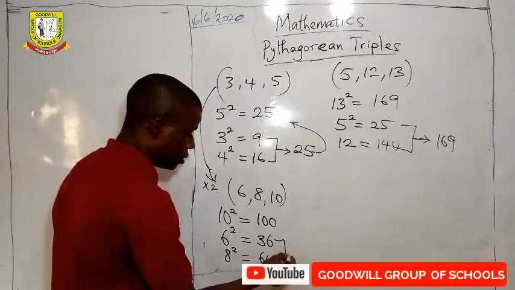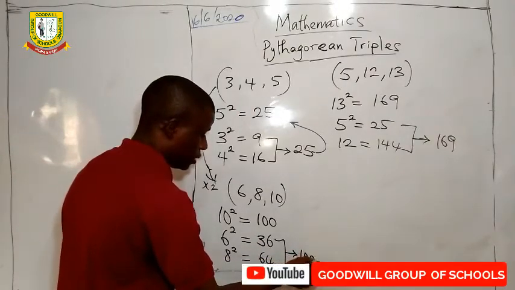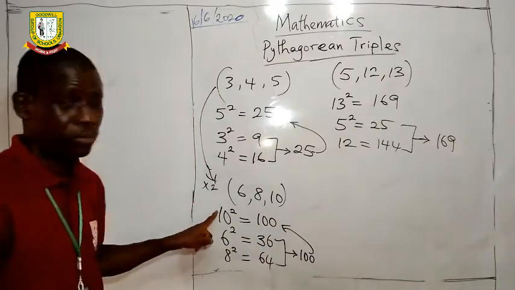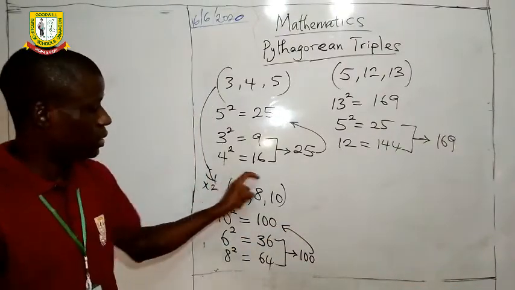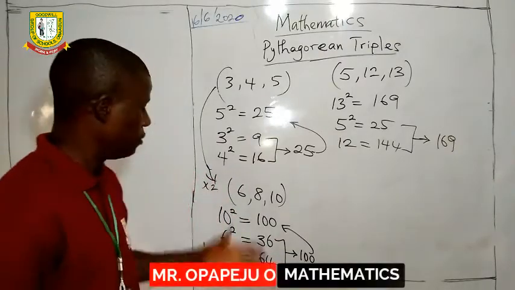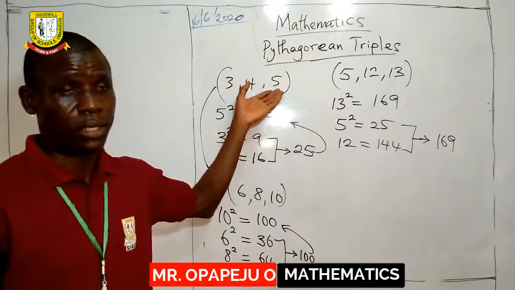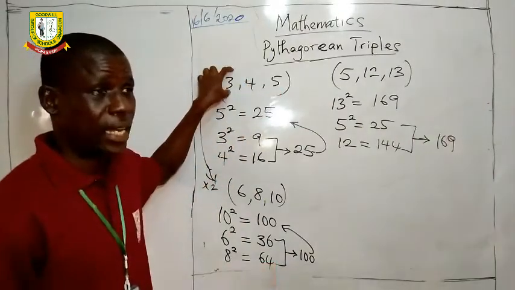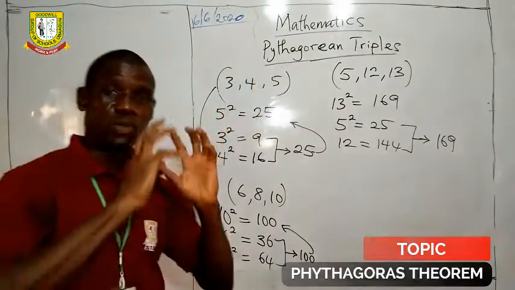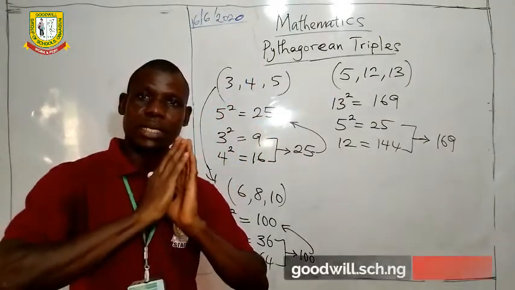This gives us 100, the same as the square of 10. So 6, 8, 10 are Pythagorean triples. If we multiply by 3, that gives us 9, 12, and 15. So 9, 12, 15 are a Pythagorean triple.